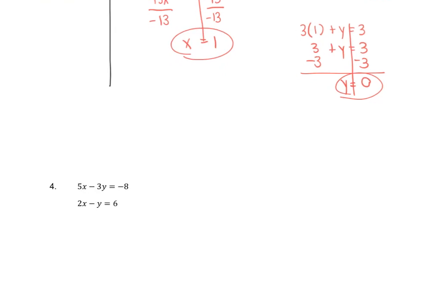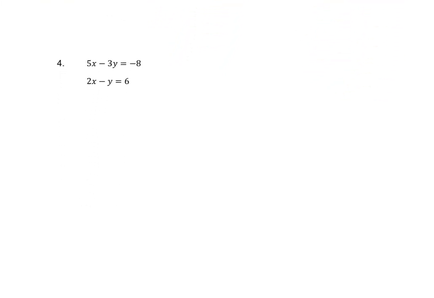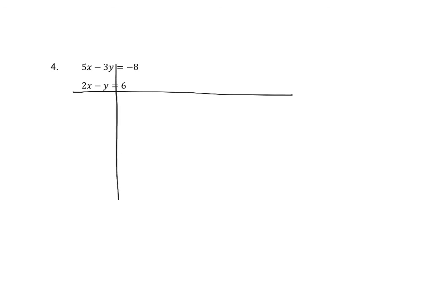All right, let's look at this one. Number 4. This is very similar. All right, we have a problem. Our problem is we do not have signs or numbers that line up or match up, but we do have this 1 that we can turn into any number we want.